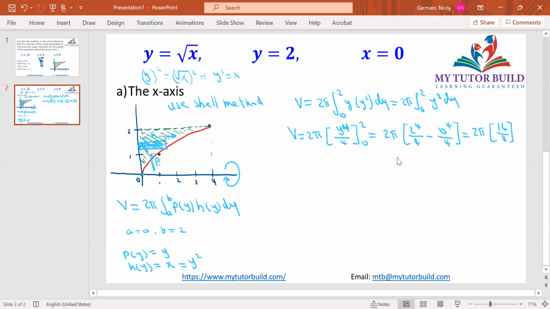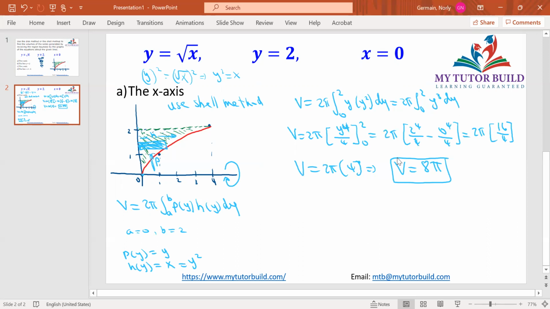We don't need to write it down. So the volume would be 2 pi times 4. Now, at the end, the volume would simply be 8 pi. So this is the volume when it's revolved around the x-axis from 0 to 2.